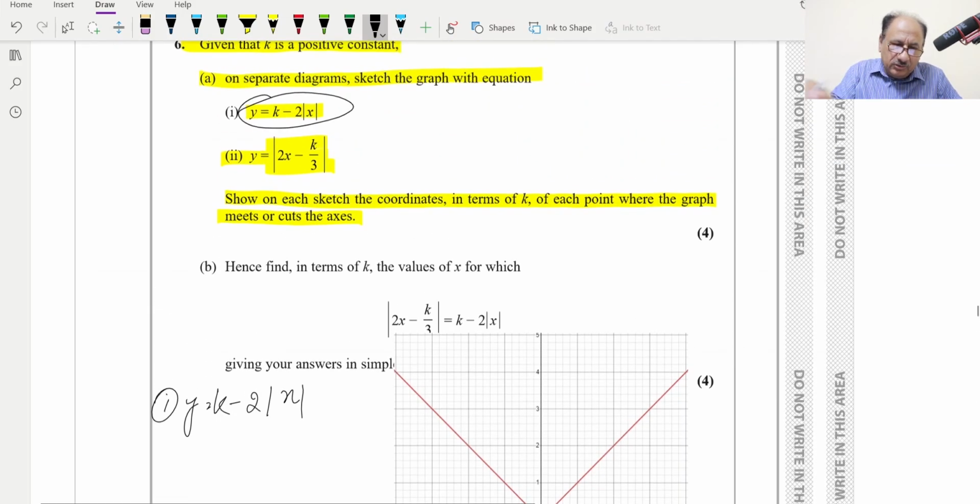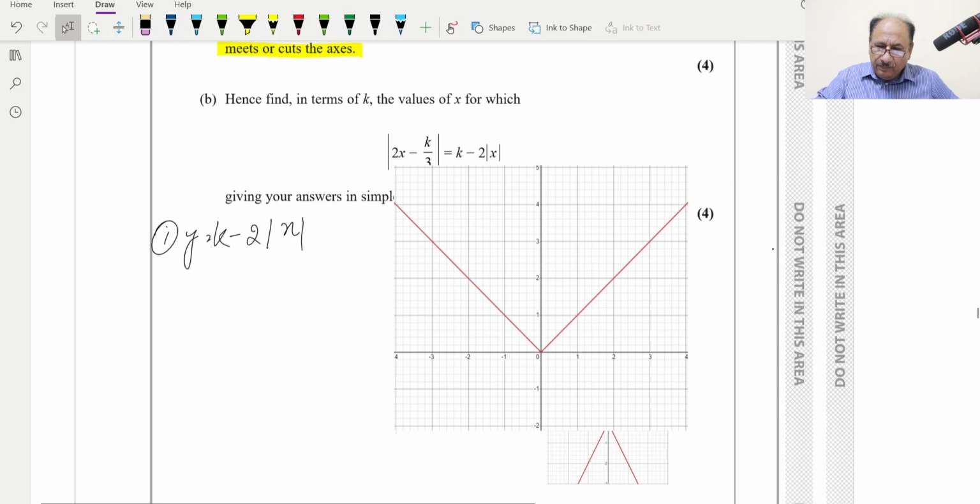If we only draw the mod x portion, this will be our mod x curve. The negative side, which originally would be on this side, will be shifted to this upper side. So this is the mod graph.